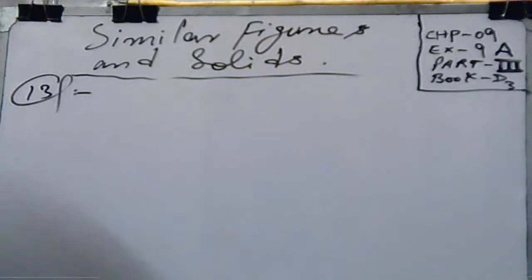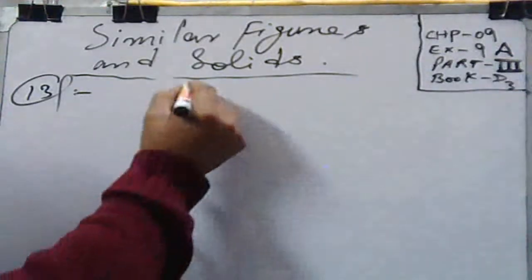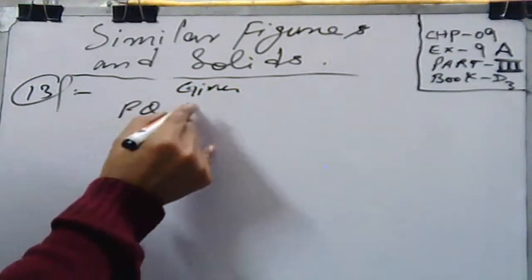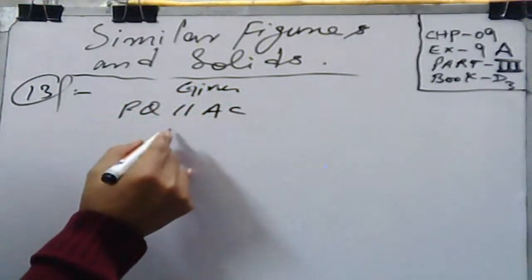First, what has been given to us we have to write. That is given in question number 13: PQ is parallel to AC.